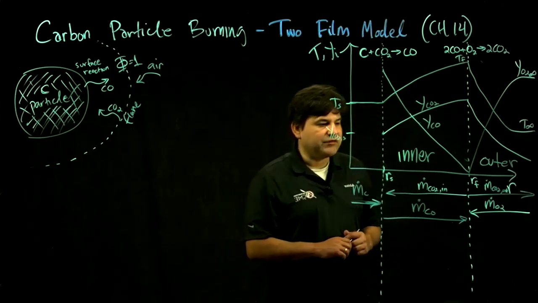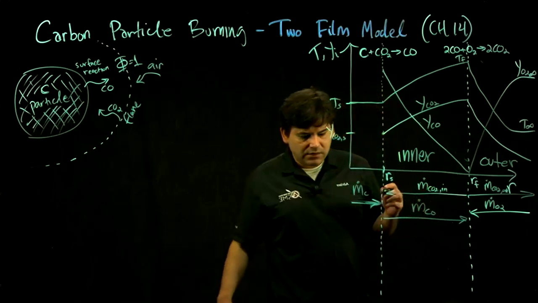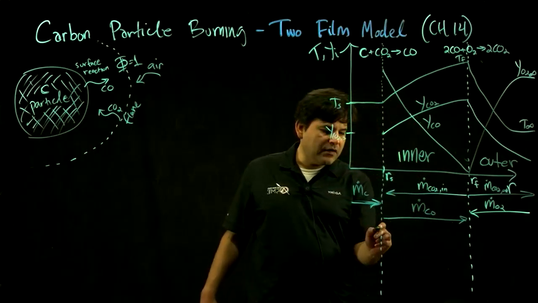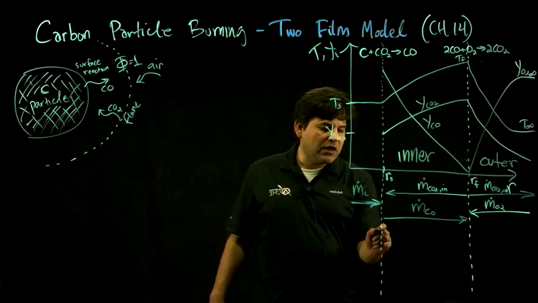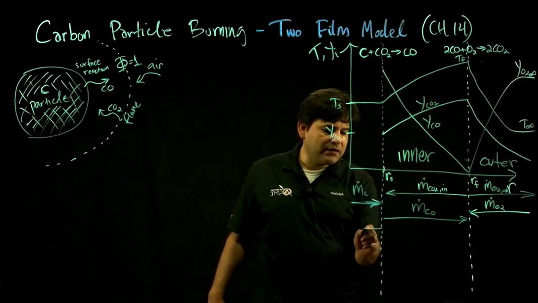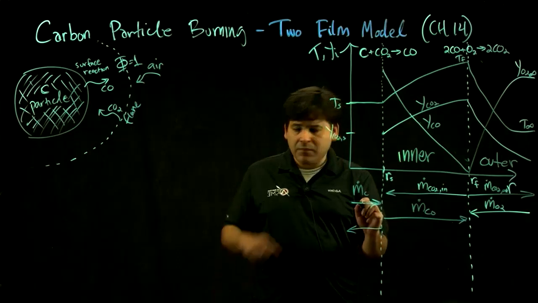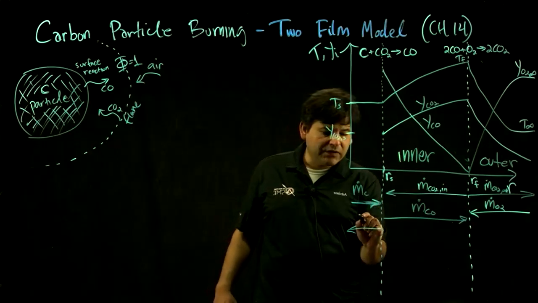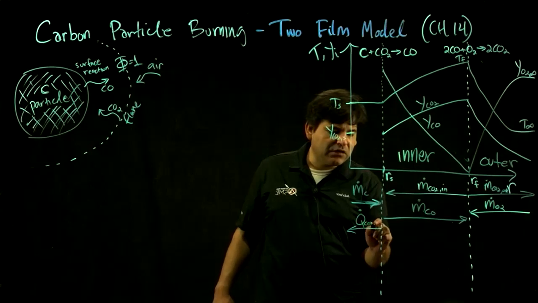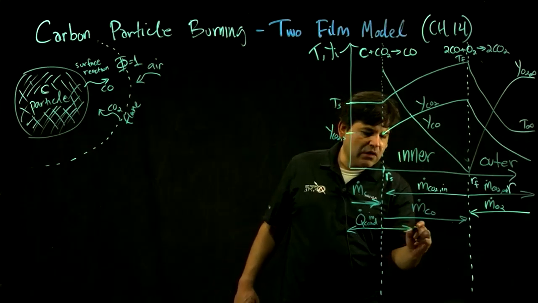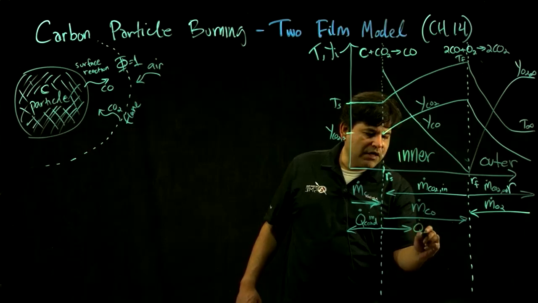Then, in terms of energy, at the surface you have a surface exothermic oxidation of carbon that leads to a temperature increase. And as the temperature increases, you have conduction in of energy. Then you also have energy going out by conduction.